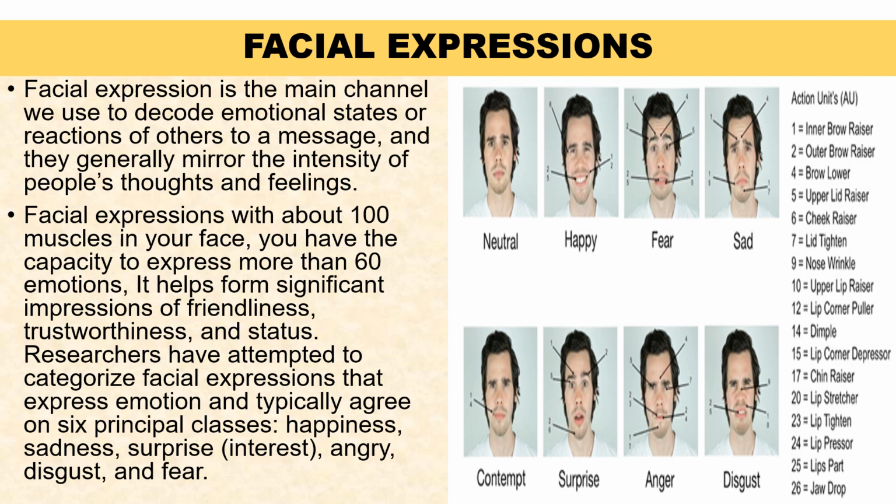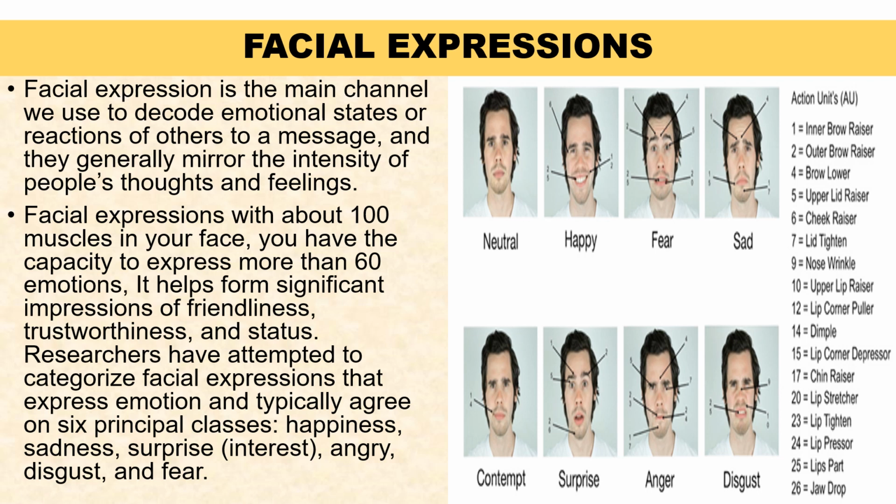It's unpredictable, but they predicted 60 emotions. So it gives some emotion types: friendliness, trustworthiness, and status. Researchers have attempted to categorize facial expressions that express emotion and typically agree on six principal classes. They are categorized into six categories.